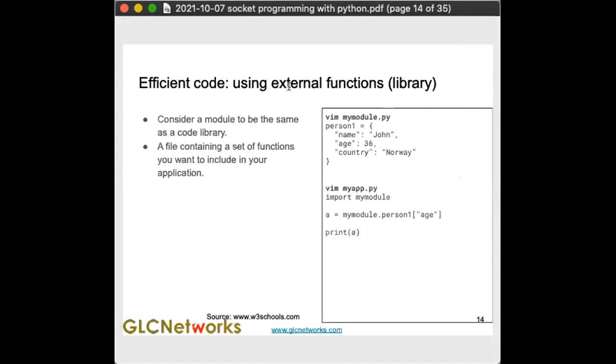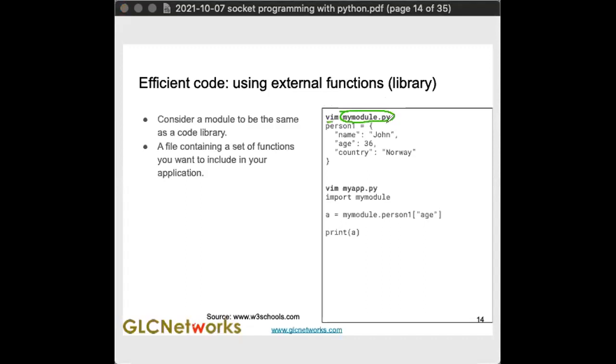Sometimes, this is an extension. Sometimes, not sometimes, often, when we develop software, we develop functions and then we put functions into a library. So we have one library here, or modules.